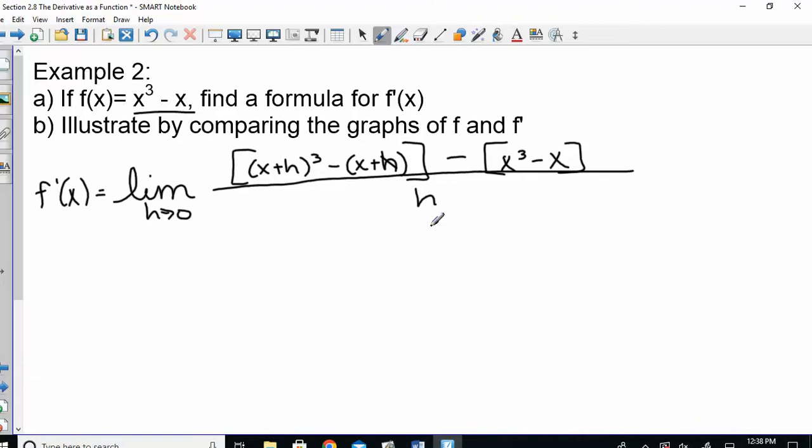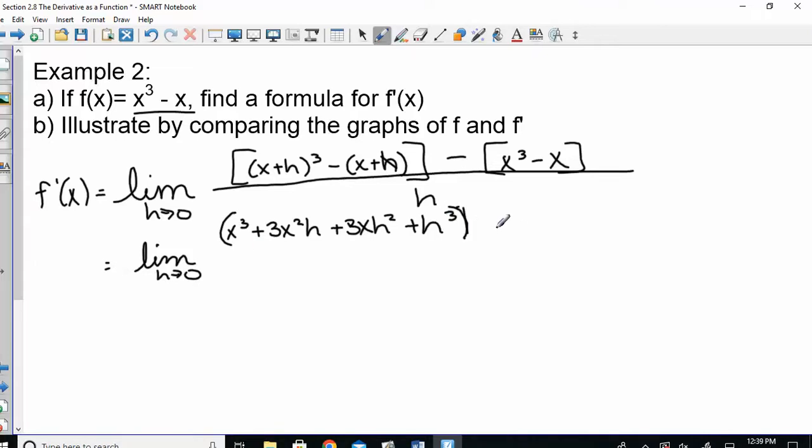Alright. So then, we can start multiplying things out. x plus h cubed, that's x cubed plus 3x squared h plus 3xh squared plus h cubed. Are you guys okay if I just write down what that is?